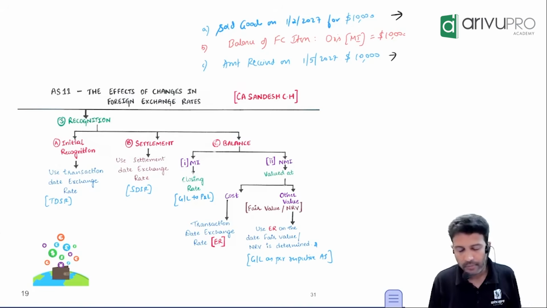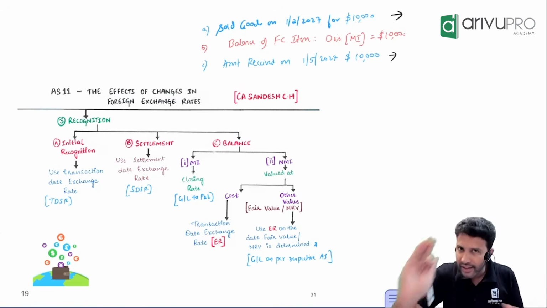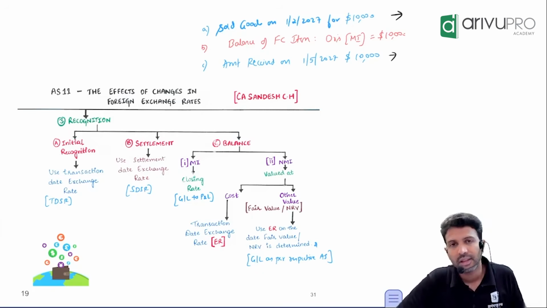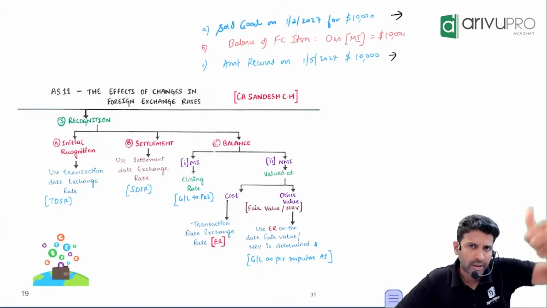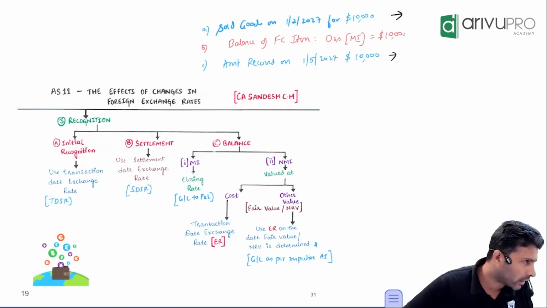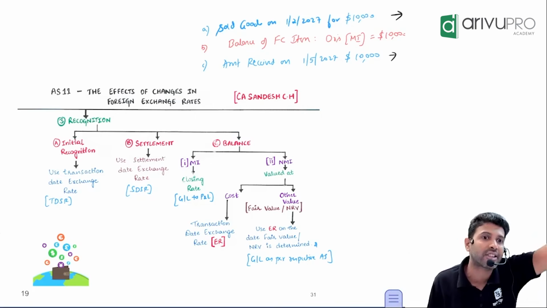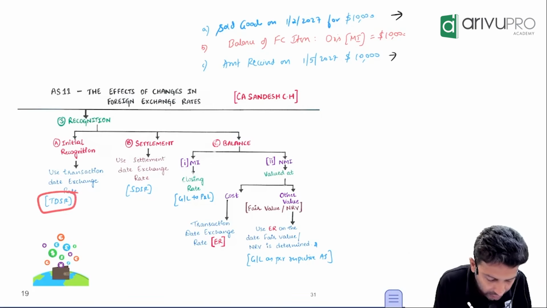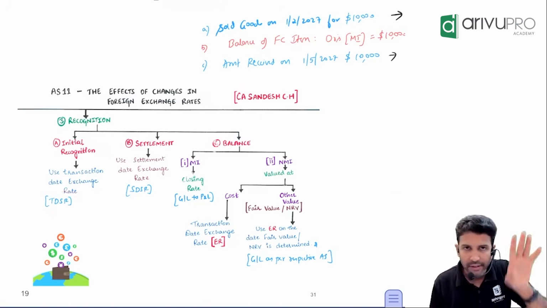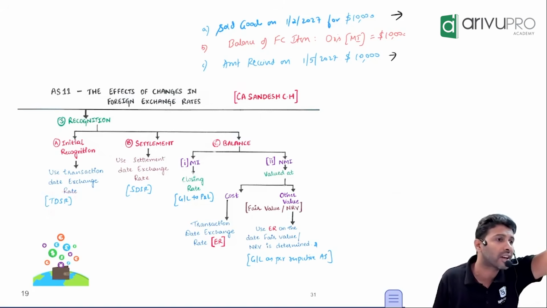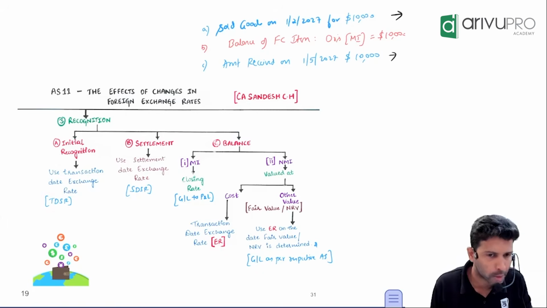Now, what AS11 says is, initially, whether it is a monetary or non-monetary item, everything will be recorded at TDSR, transaction date ka spot rate. Everything will get converted at the transaction date spot rate.